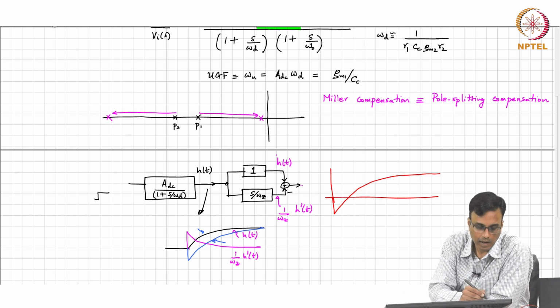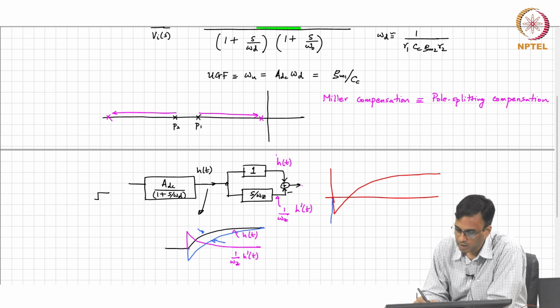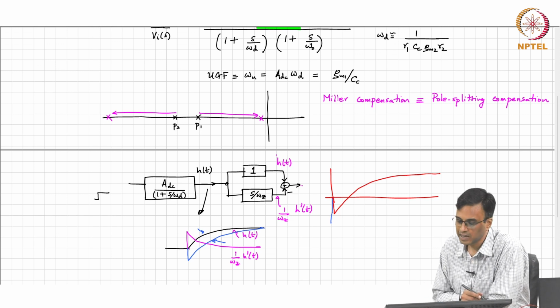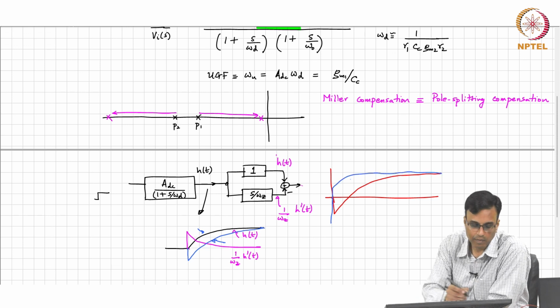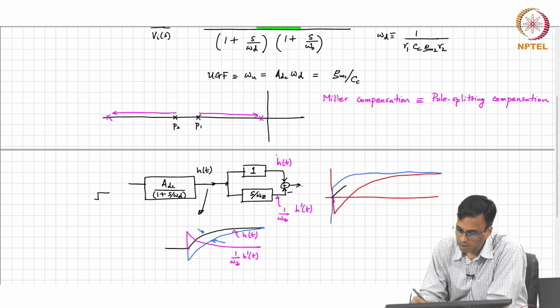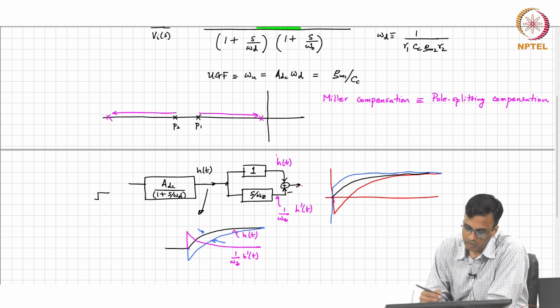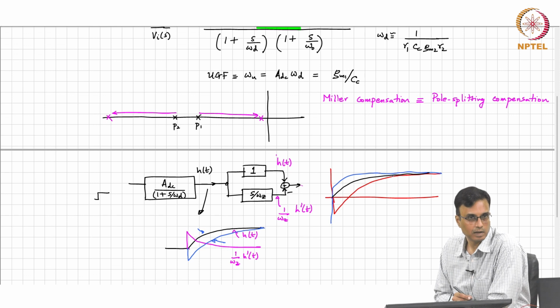And for an LHP 0, you get something like this, and then you will get that. And without any 0, okay, all right. So, there is a time domain intuitive way of seeing why the right half plane 0 causes more delay in the system.